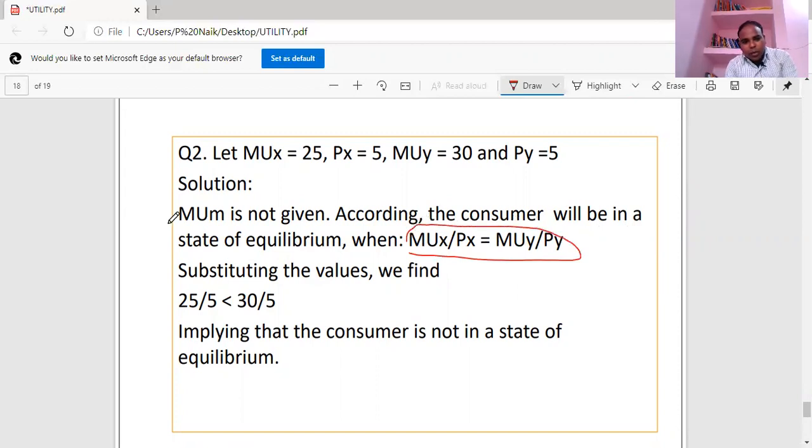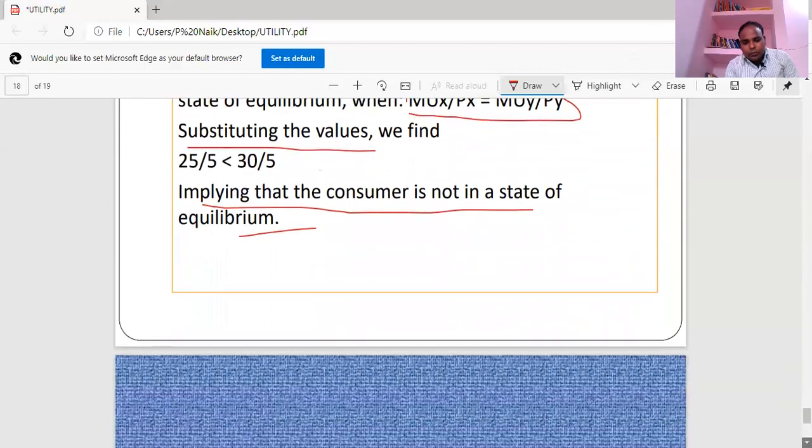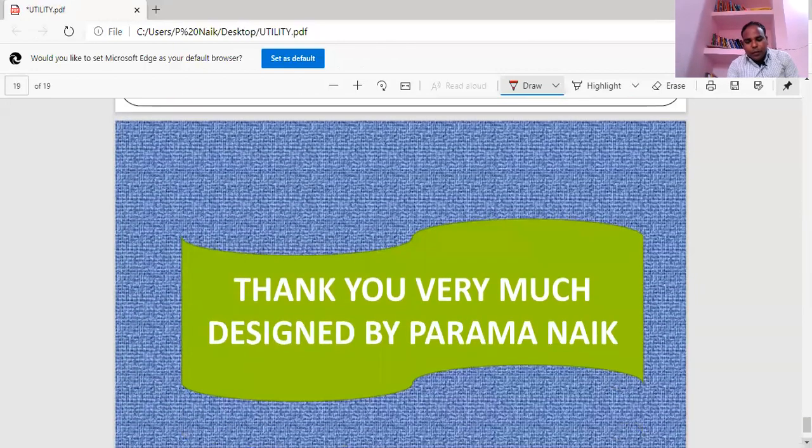Substituting the values, we find 25 upon 5 is less than 30 upon 5, implying that the consumer is not in a state of equilibrium. So the consumer is here not getting equilibrium.